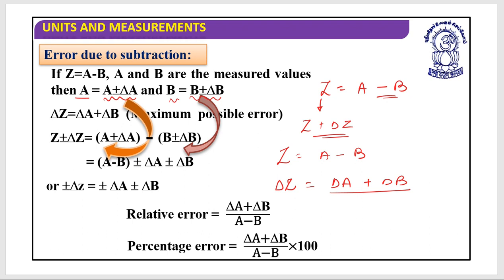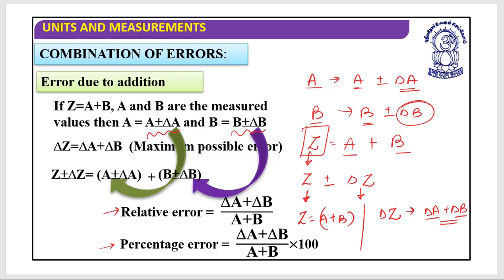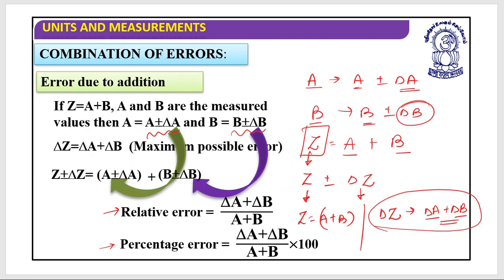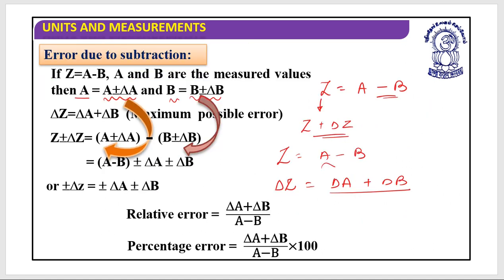So delta Z should be equal to delta A plus delta B. Whether it is an addition or a subtraction, the error would be the same: delta A plus delta B. While the true value here should be A plus B, and here it should be A minus B. I think these things are clear.